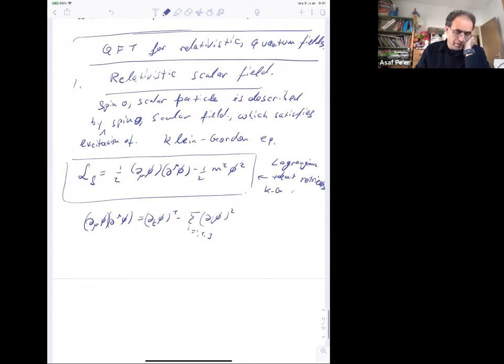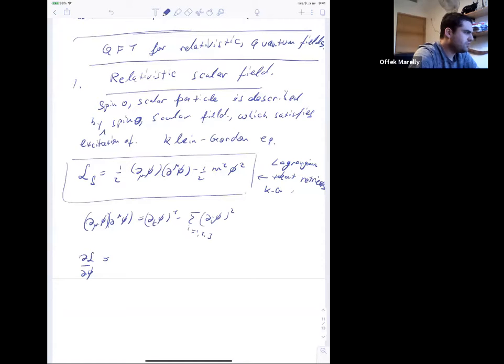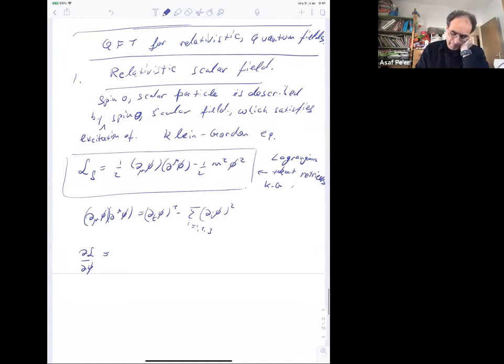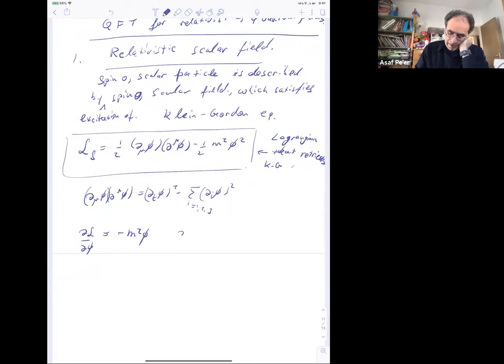So what would be the partial derivatives? The dL/d phi. What is dL/d phi? This one, the Lagrangian in front of you. Minus m squared phi. Exactly. What is dL/d(d_0 phi)?